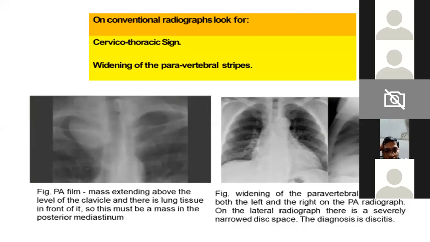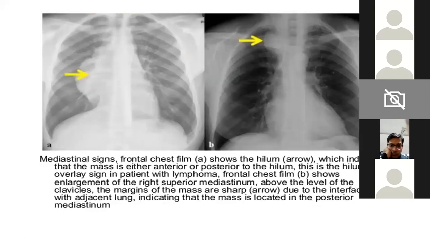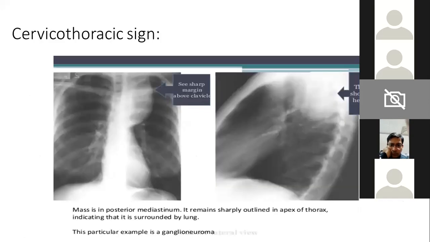So it is lined by air. The posterior mediastinum extends well superior to the level of clavicles. So if there is a well-delineated lateral margin of the mass extending above the level of clavicles, it's in the posterior mediastinum. That's what it says. Again, some mediastinal signs are shown here, the hilum overlay, and so on. Just stick to this.